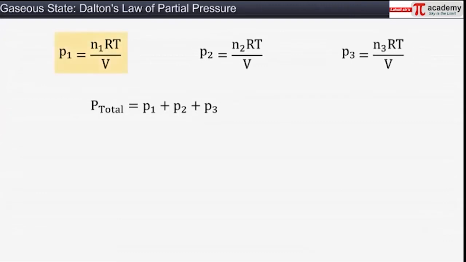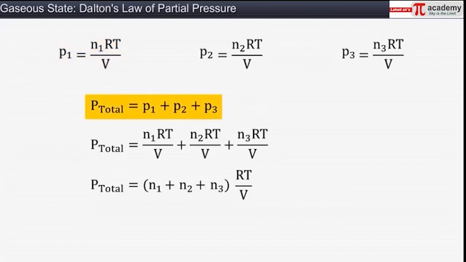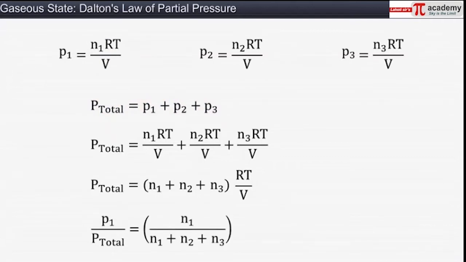On substituting the values of P1, P2 and P3, we get P total equals n1 RT divided by V plus n2 RT divided by V plus n3 RT divided by V. On simplifying, we get P total is equal to n1 plus n2 plus n3 multiplied by RT divided by V. On dividing P1 by P total, we get P1 by P total equal to n1 divided by n1 plus n2 plus n3.